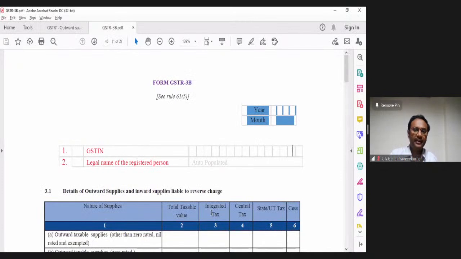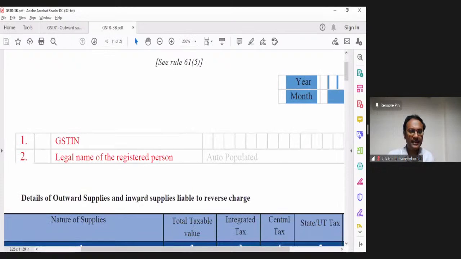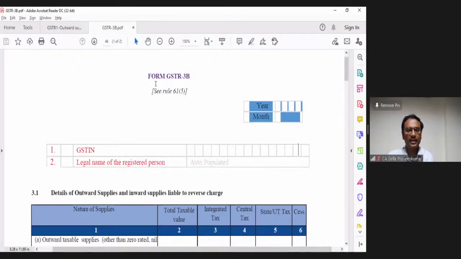Hope you are able to see the PDF of GSTR 3B. Let me increase the form file size. Okay, now this is my form GSTR 3B.